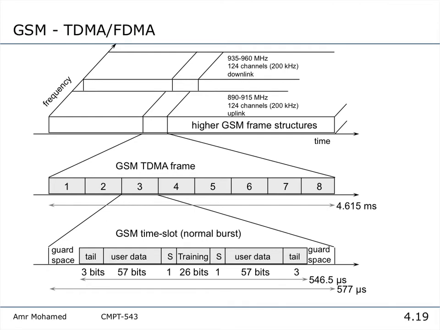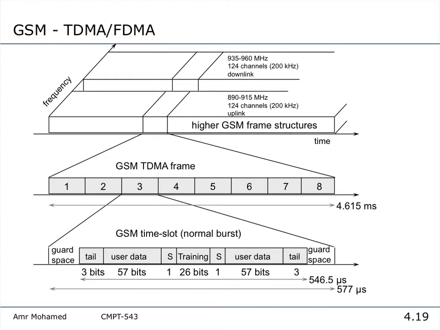Are you following? We have 124 channels. Remove around 34 of these channels for control. You have around 90 channels for data. These 90 channels for data get allocated to the different cells. We cannot allocate all the 90 channels to all the cells, otherwise we will have interference. So we assign each cell, on the average, around 10 of these channels.